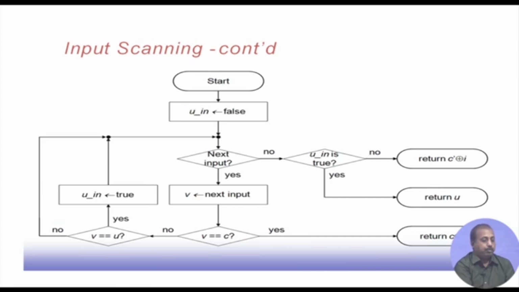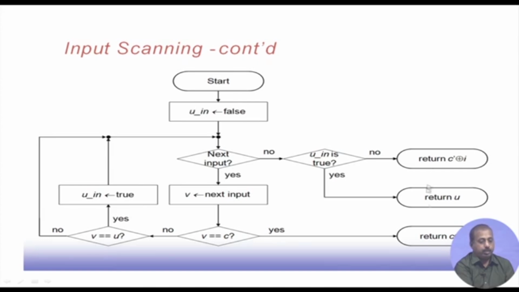Now, if we have not seen any controlling value, the input list will be exhausted at some point of time. It will come out of the loop and check whether u in is true. If none of the inputs are unknown, it will return C bar XOR I. If it is yes, then it will return u.